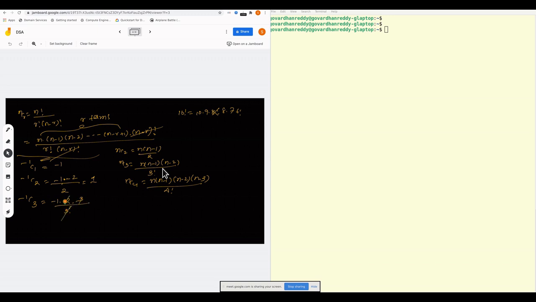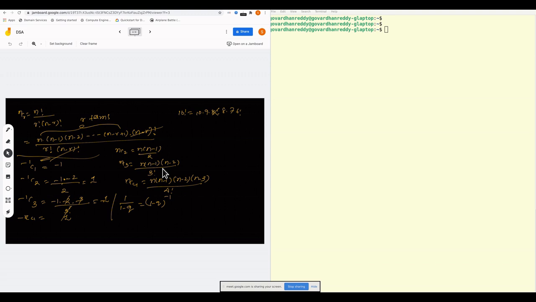Obviously this cancels out, and this leaves us minus 1. And minus 1 C 4, now you can guess, is 1. So basically it alternates between 1 and minus 1. This works for 1 by 1 minus q, for example, which is nothing but 1 minus q power minus 1.